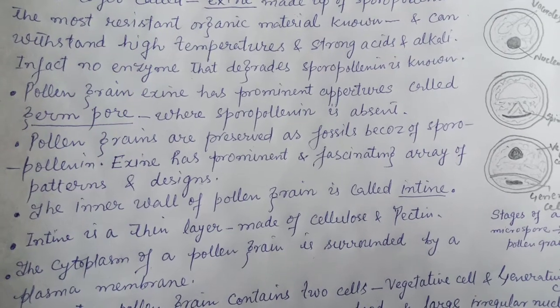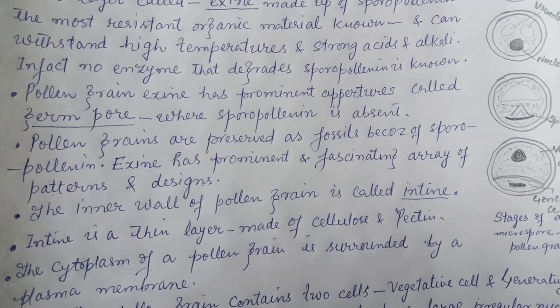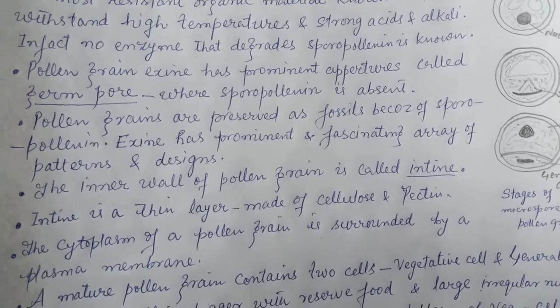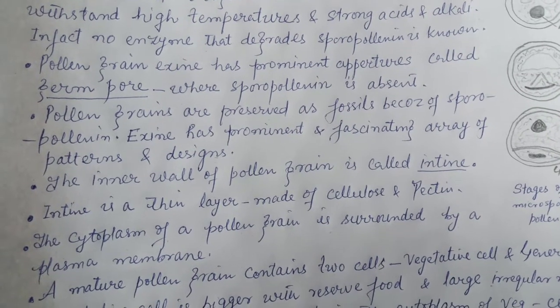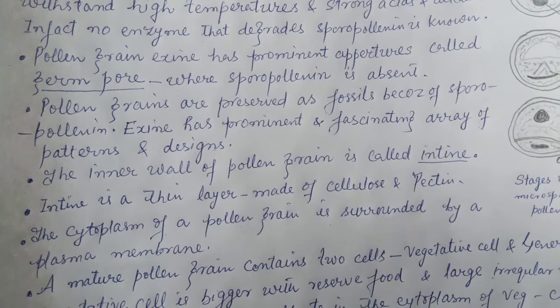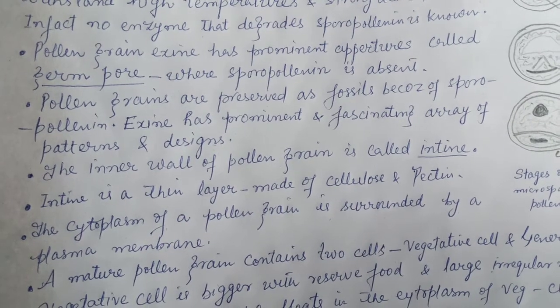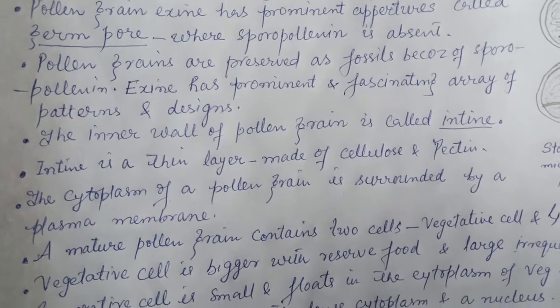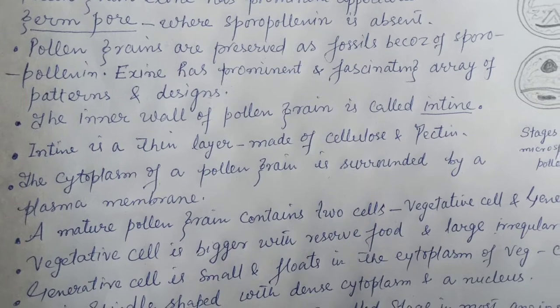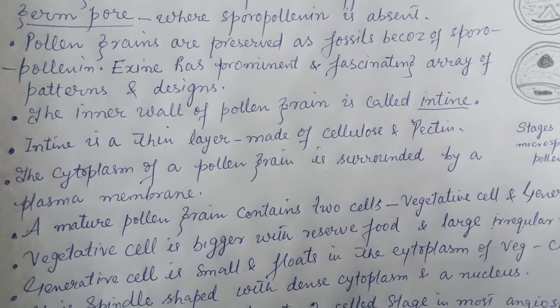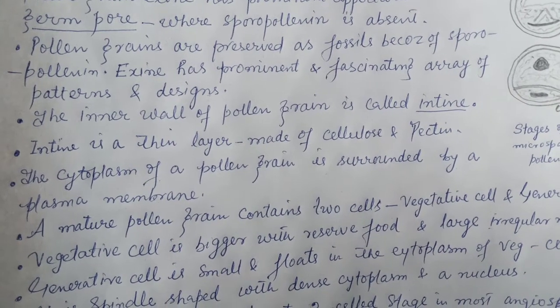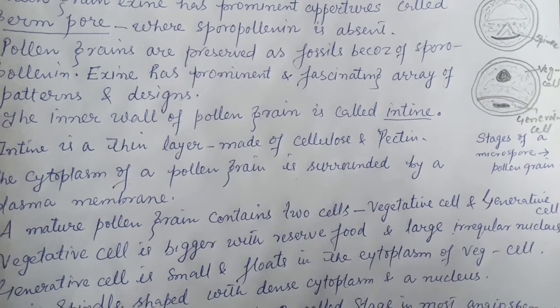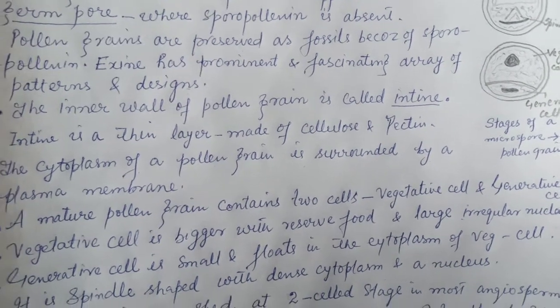The inner wall of the pollen grain is called intine. Intine is a thin layer made of cellulose and pectin. The cytoplasm of the pollen grain is surrounded by a plasma membrane. A mature pollen grain contains two cells. The larger one is called the vegetative cell and the smaller the generative cell.